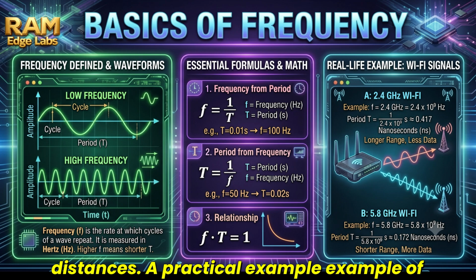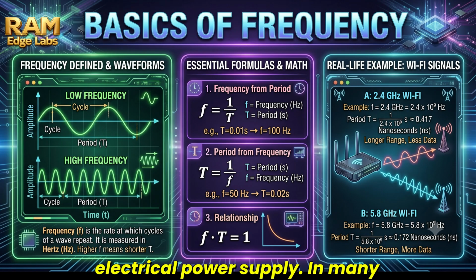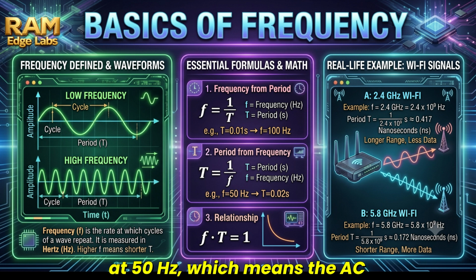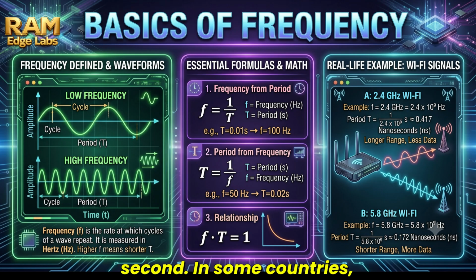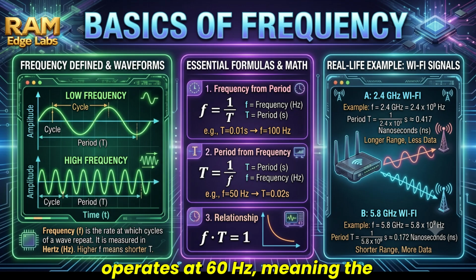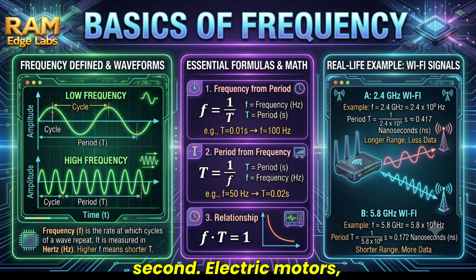A practical example of frequency can be seen in the household electrical power supply. In many countries, the electrical supply operates at 50 Hz, which means the AC voltage completes 50 full cycles every second. In some countries, such as the United States, the supply operates at 60 Hz, meaning the waveform completes 60 cycles every second.